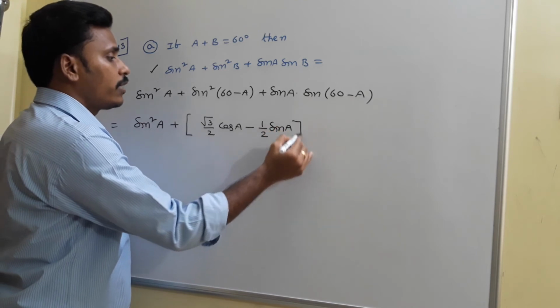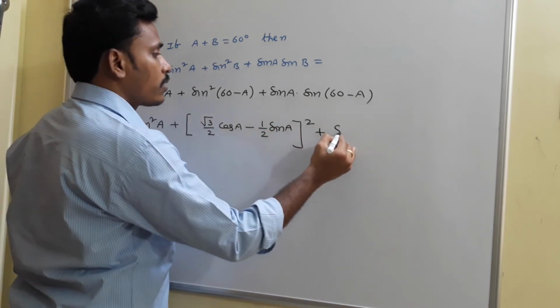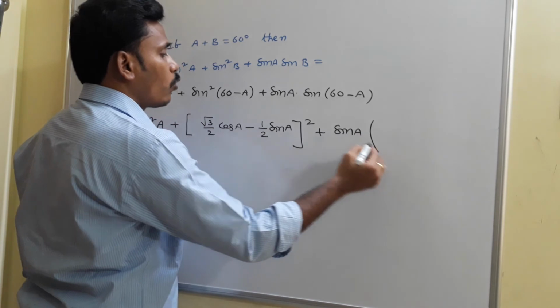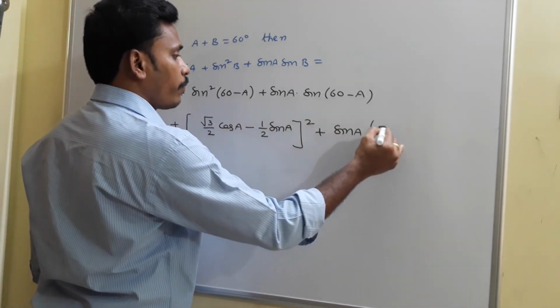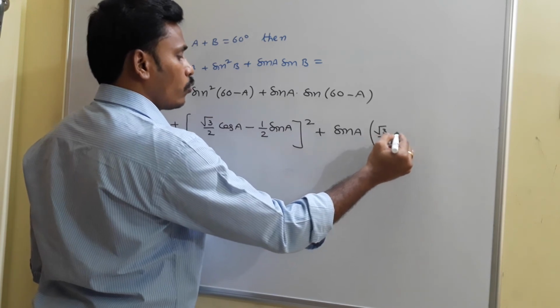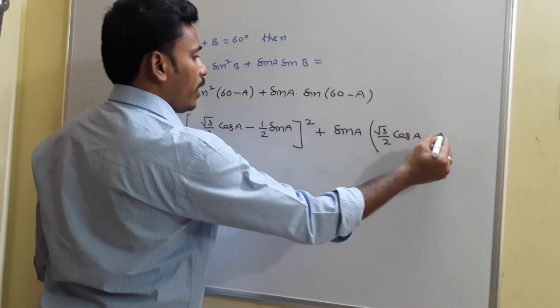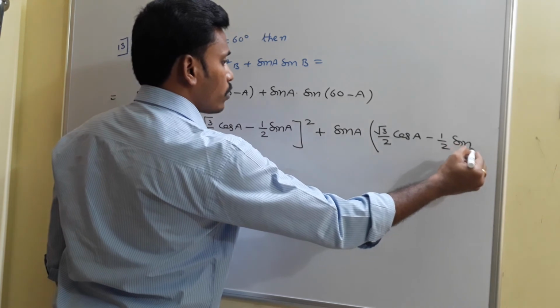So root 3 by 2 cosA − 1 by 2 sinA, squared, plus sinA into root 3 by 2 cosA − 1 by 2 sinA.